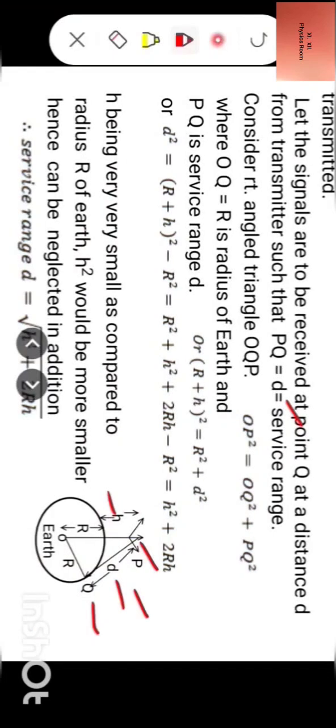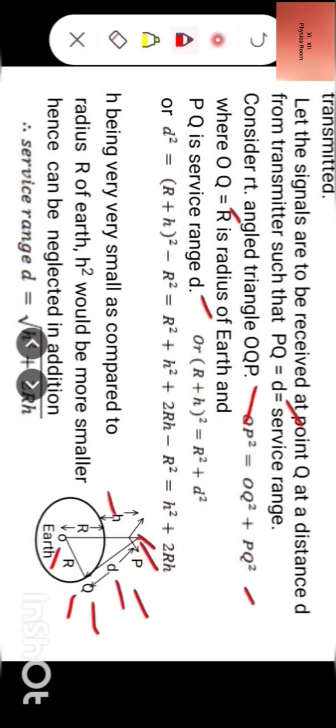Now consider right angled triangle OQP. Here we have OP square is equal to OQ square plus PQ square, where OQ is equal to R and is the radius of earth and PQ is service range D. Now in the equation OP square is equal to OQ square plus PQ square, here we write OP as R plus h.